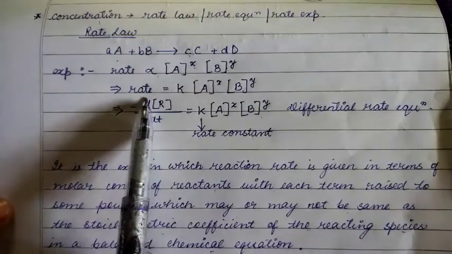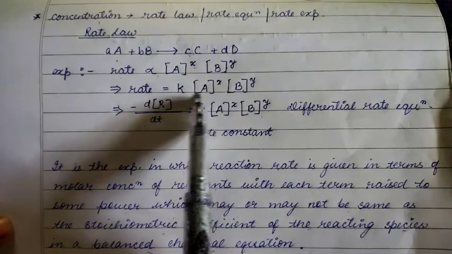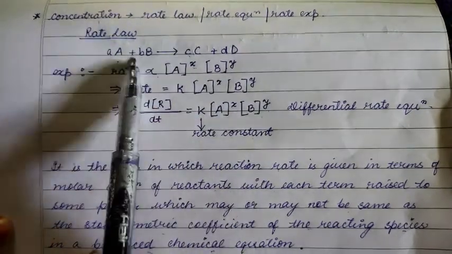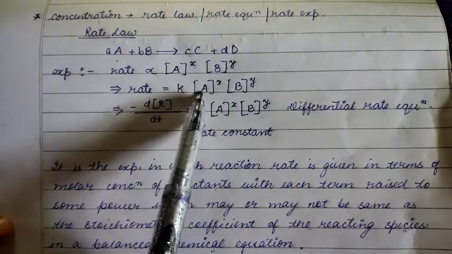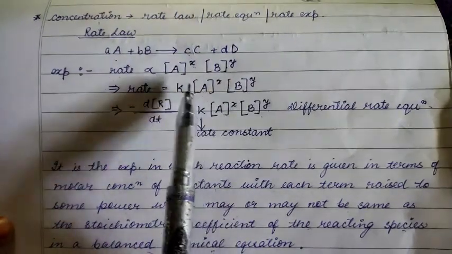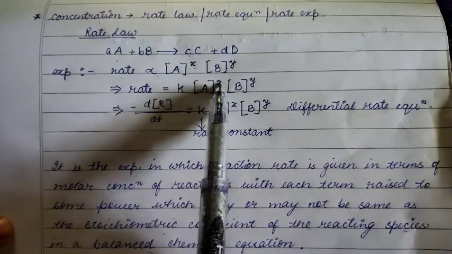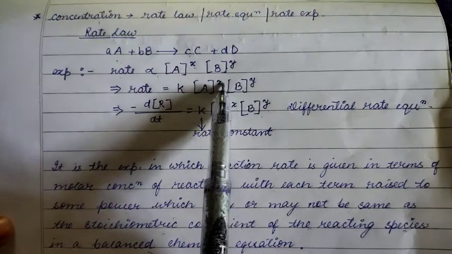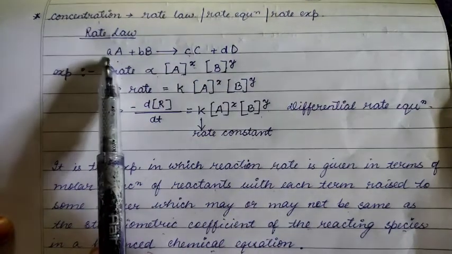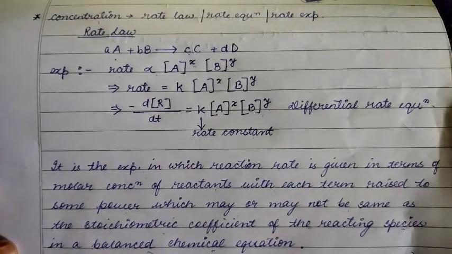So the rate law is the expression which is given in terms of molar concentration of the reactants. In terms of reactants, not in terms of product. Okay, so in terms of reactant you have to get, and the concentrations are raised to some powers which may or may not be equal to A and B respectively. Clear? So this is the rate law statement.